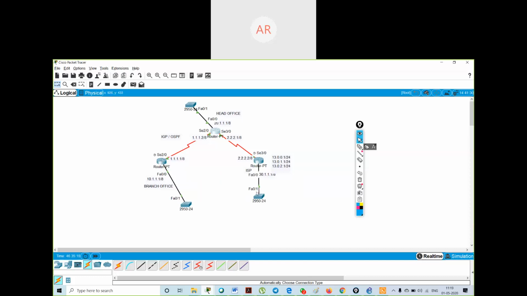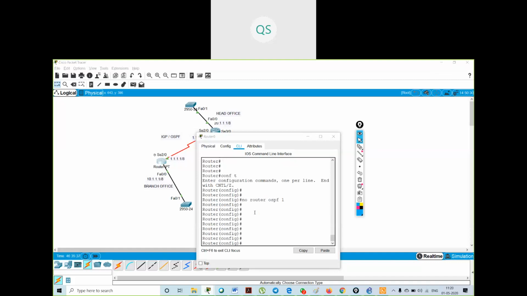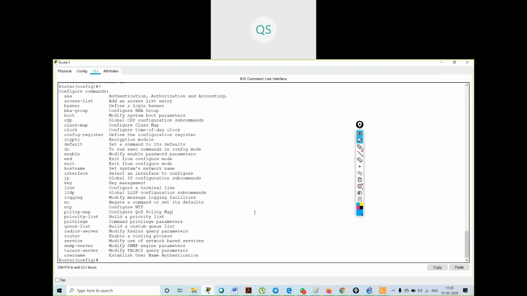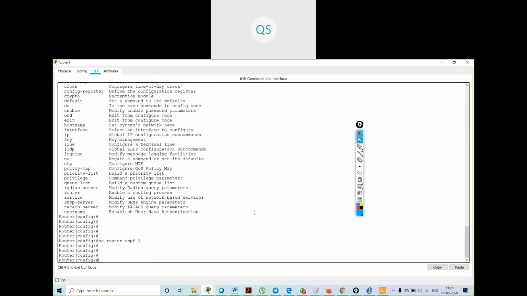Now the next thing we will see is with EIGRP. What I will do is remove OSPF from the routers. No router OSPF. I will go on this router also and say no router OSPF 1.